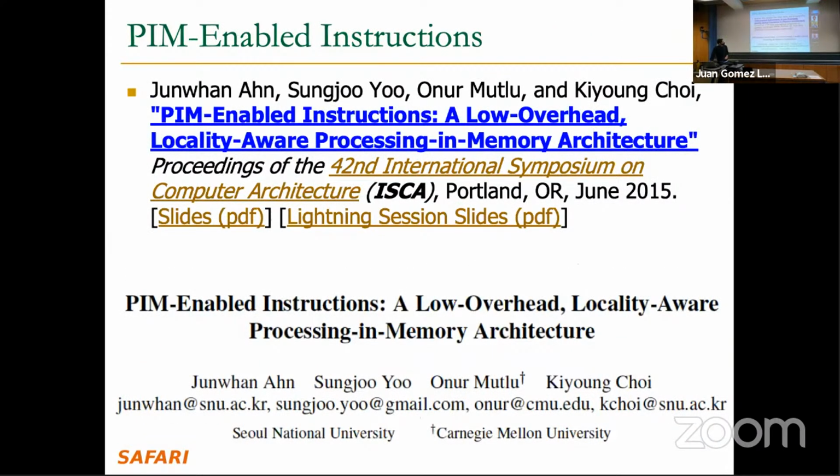And then another interesting work, also I would say a seminal work in processing in memory, or at least in the recent research in processing in memory in the last 5-10 years, is PIM-enabled instructions, which is proposing a minimal support for processing in memory.